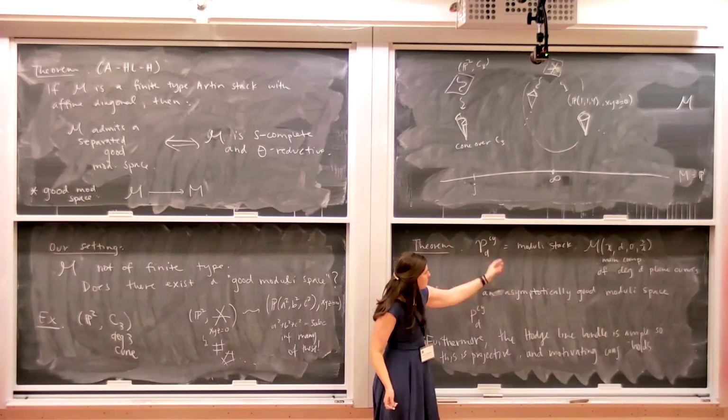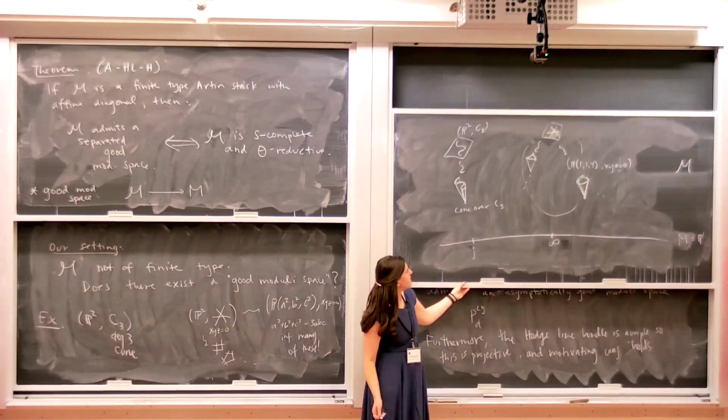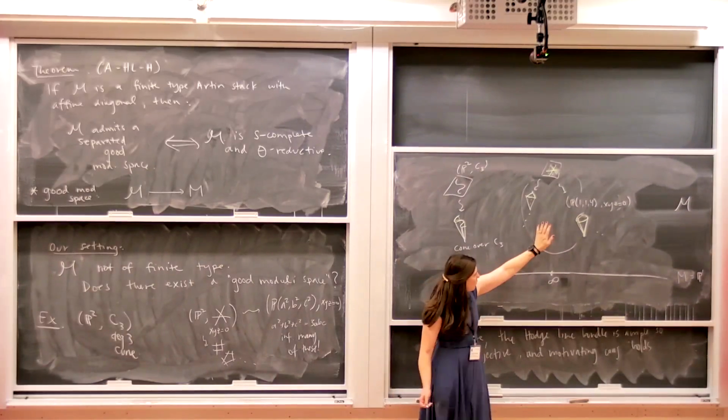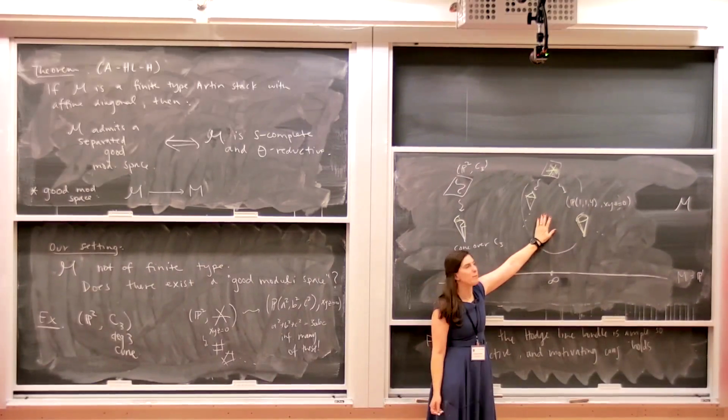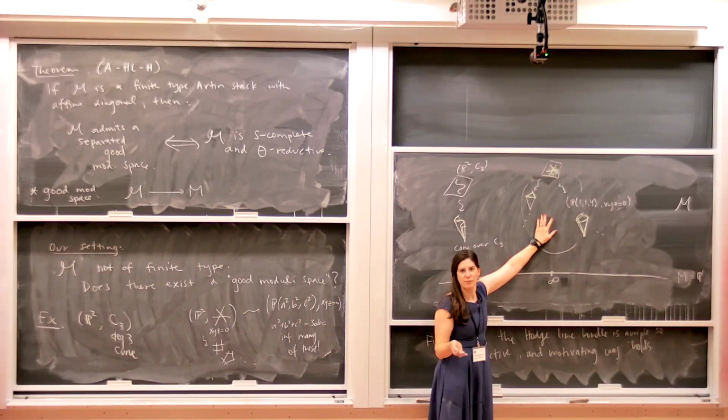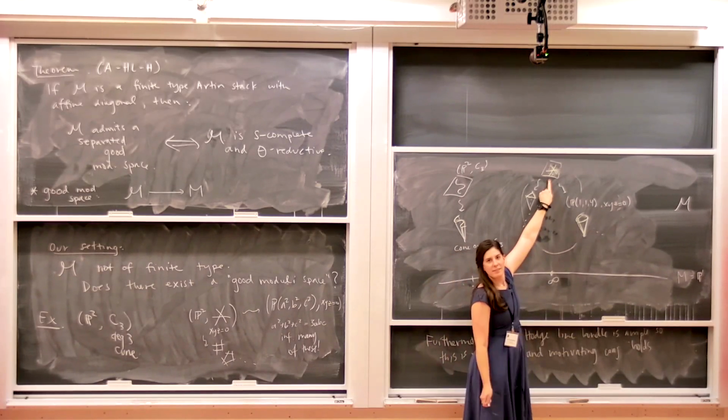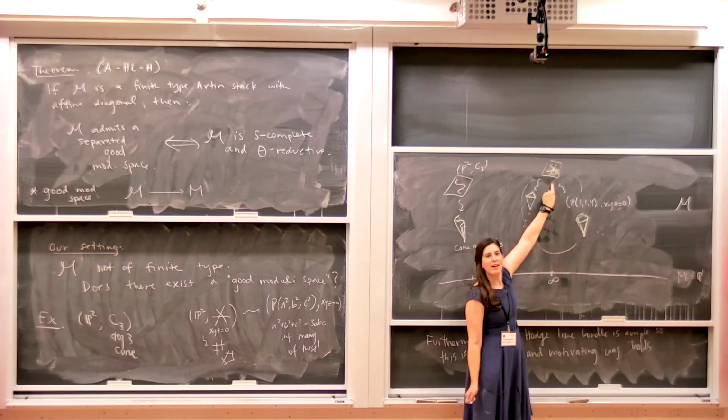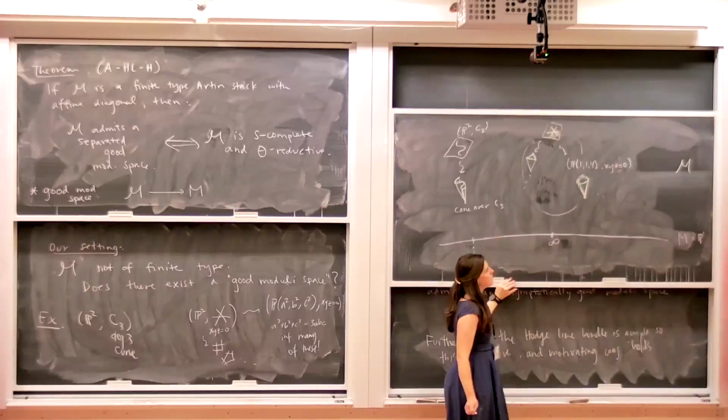But it turns out in order to prove this theorem, which I'll write down in just a second, what we prove is that if you imagine this in terms of type, like type 1, type 2, type 3, in terms of the dimension of the source or the minimal log canonical center, we prove that all of these maximal types with this minimal dimension of the source are equivalent to just that guy. So this is not a closed point in any way, but you can think of it as the representative point there. So that's really the key.